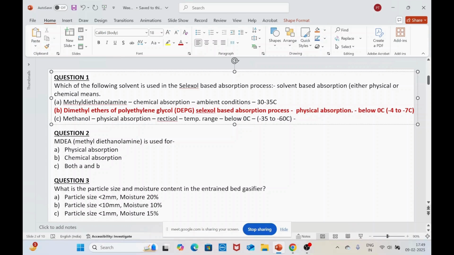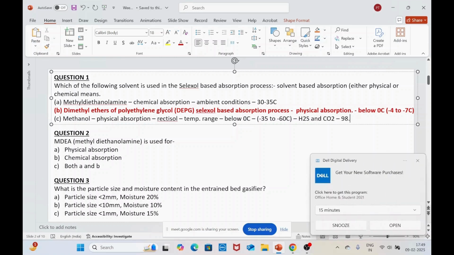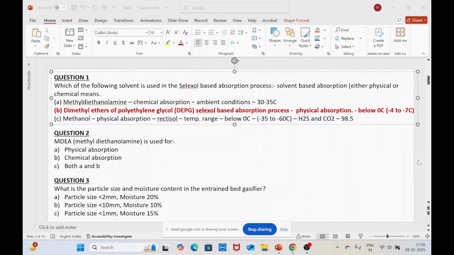So it is the Rectisol process. Here the H2S and the CO2 percentage is approximately in the range of 98.5 to 99.5 percent.